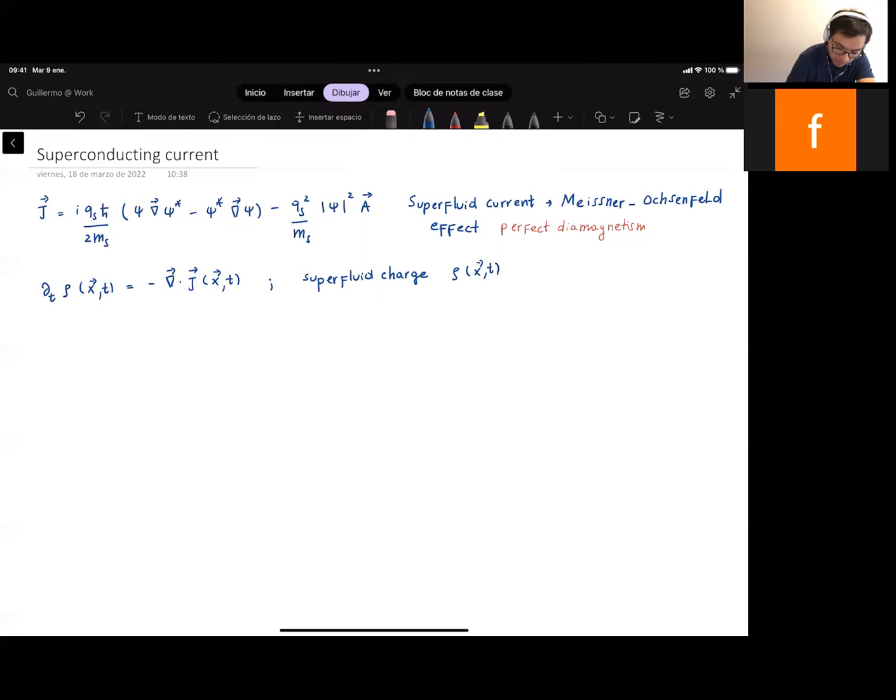This is nothing but the Cooper pair charge QS and the modulus square of the macroscopic wave function.